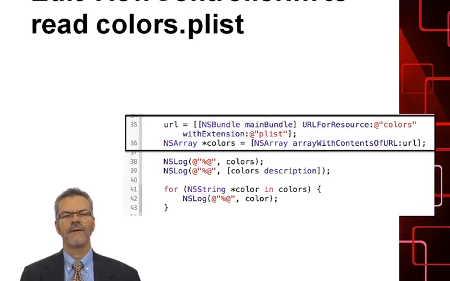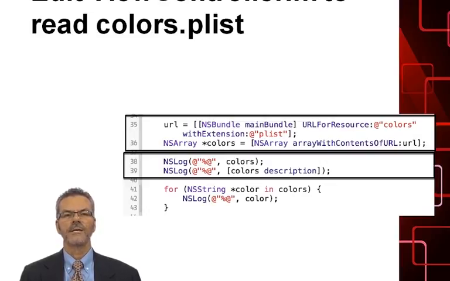So then we would have, in this case, a variable called colors, which would be a pointer to an NSArray. At that point, so that we can see that it works, we do an NSLog showing the colors. We also do an NSLog showing the colors and the description of each color.